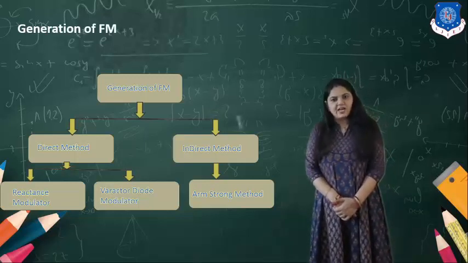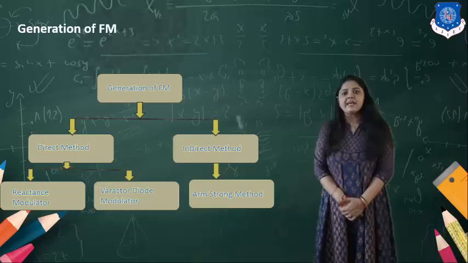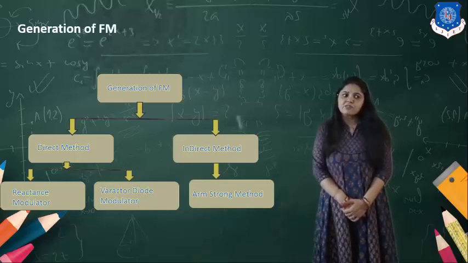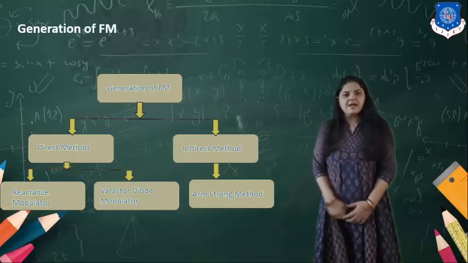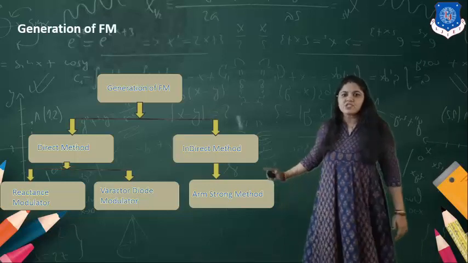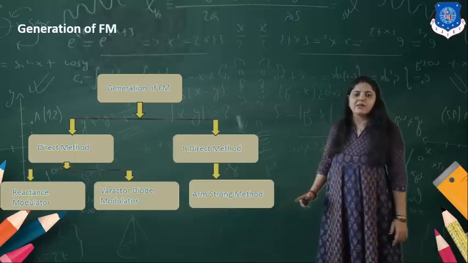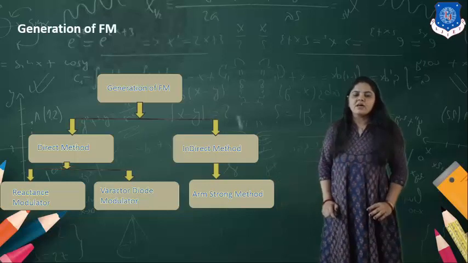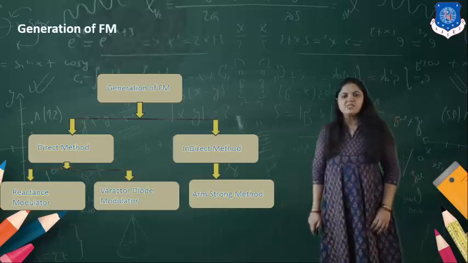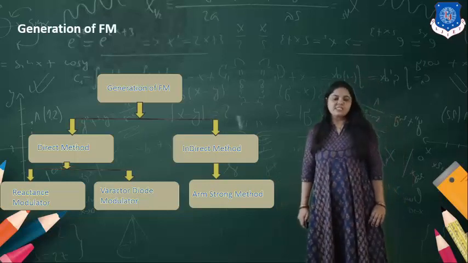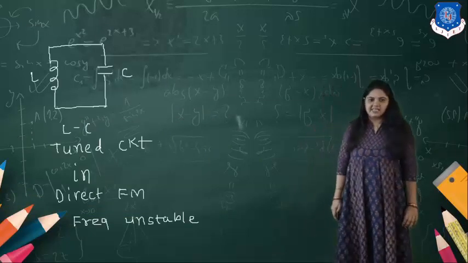That is why we are generating the FM waves indirectly using the PM. The advantage of using this method is that we have a stable frequency, and the effect of the noise is also less.